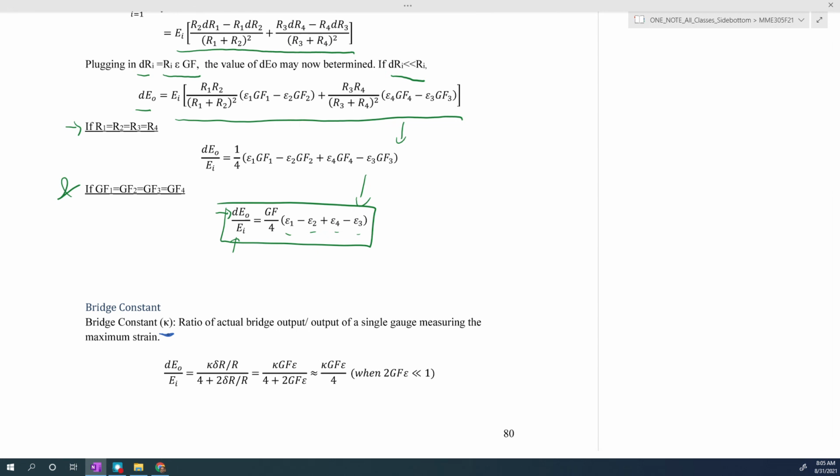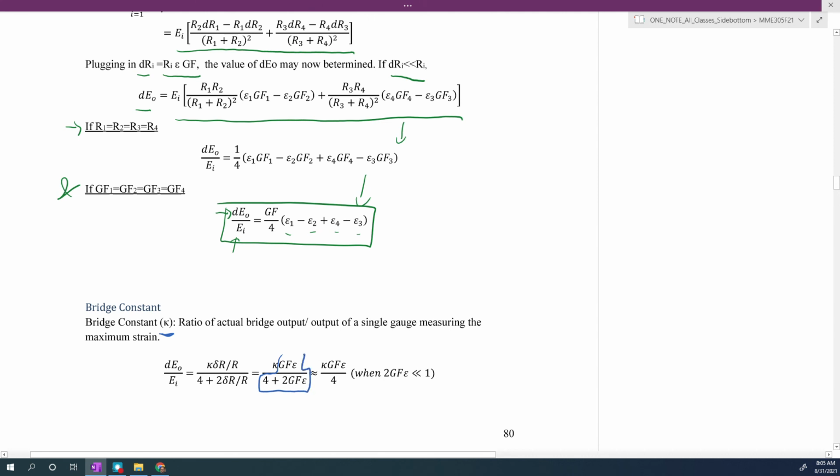Basically, it's the same equation that we developed for a single gauge, but instead of having just this term here, we add the kappa term. This kappa is typically a known constant, and we'll talk about how we can calculate kappa during the next example problem.